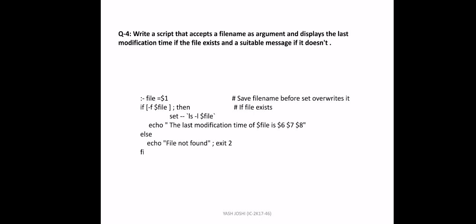Set will set the file and directory details of $file. Echo the last modification time of $file is $6, $7 and $8. It will echo, else file is not found, exit 2 will be echoed. Fi. Moving on to the next question.